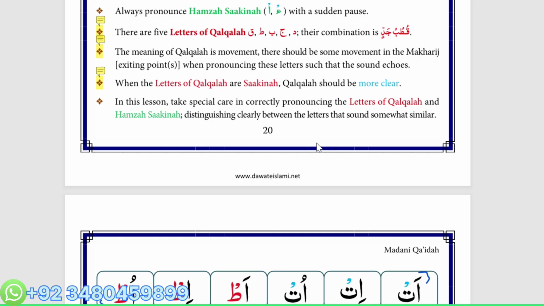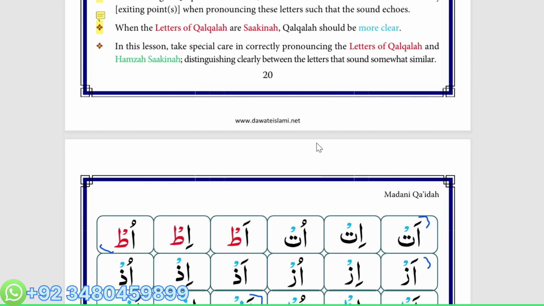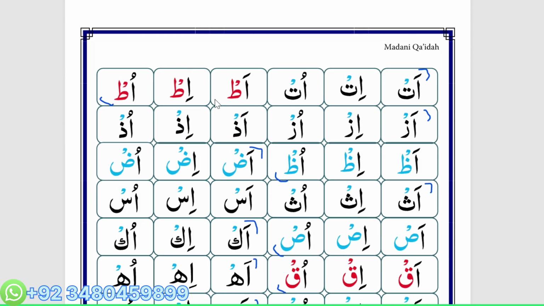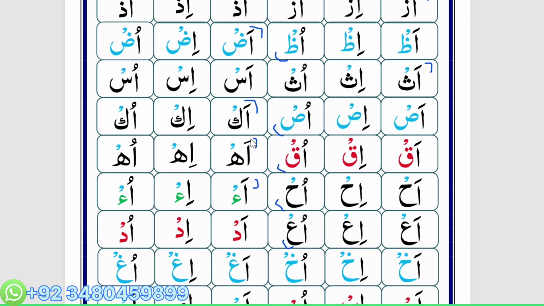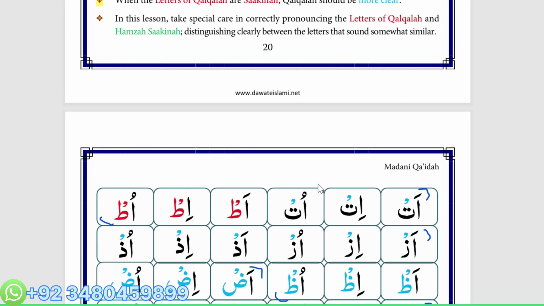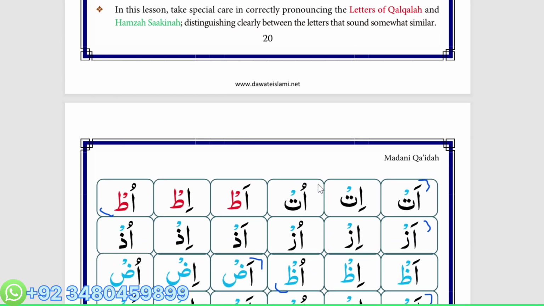We have learned in previous lessons, I think in lesson number 3 or 4, that similar sound letters are 16 in number: ta, pa, ta, zal, za, wa, dad and dal, tha, sin and sad, kaf, qaf. Similarly, ha, ha, hamza and ain. These are similar sound letters, so make a clear difference between them, because changing sound changes meaning.